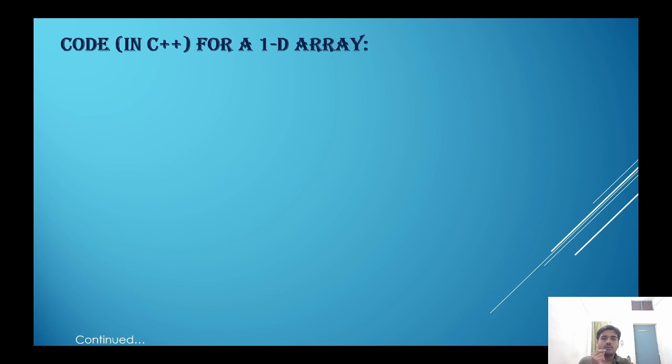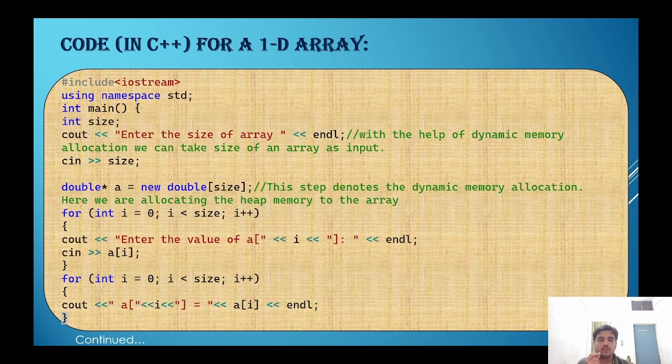Now we would look into the code for a 1D array. In this code, as we can see, we have taken the size of the array as an input from the user as a variable size, which is of integer type. Then we have defined an array a of variable type double.